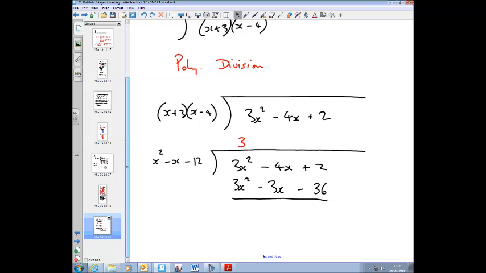3x squared minus, we're taking away, it might be worth thinking about that, we're subtracting this whole expression from the top. So 3x squared minus 3x squared is nothing. Remember, that has to become 0. If it's not 0, you've gone wrong.